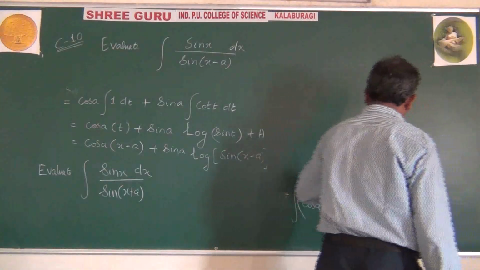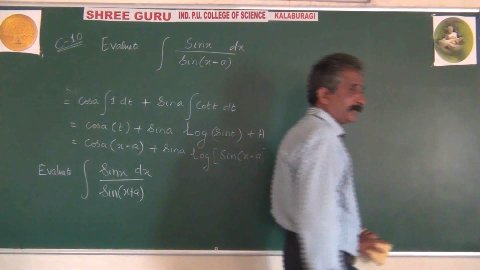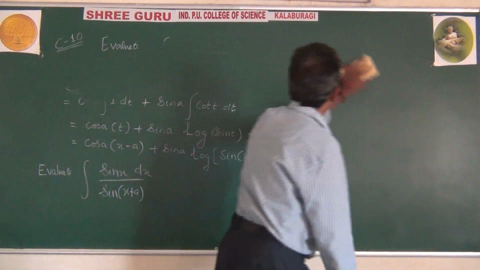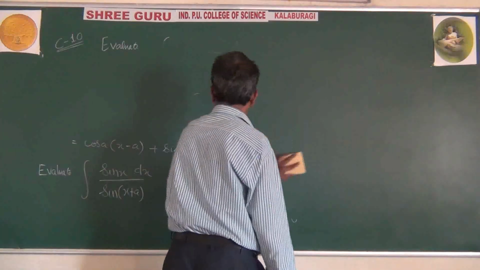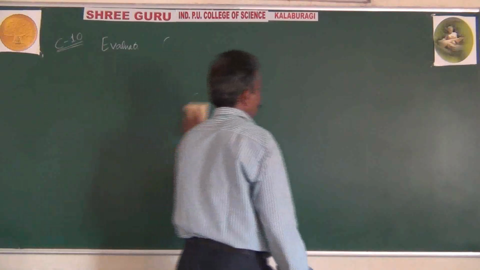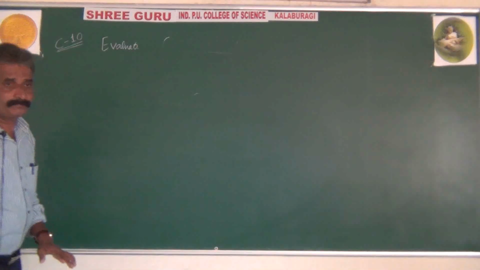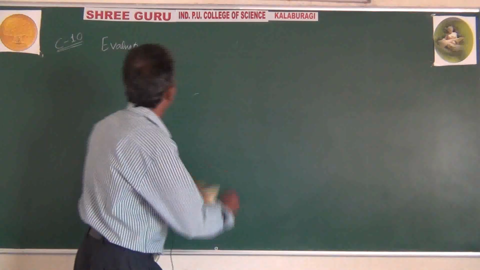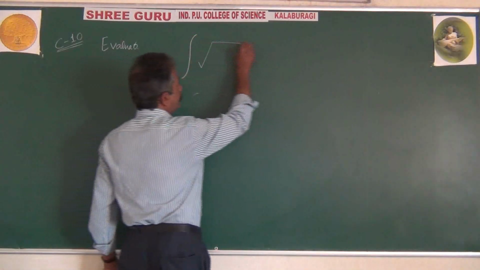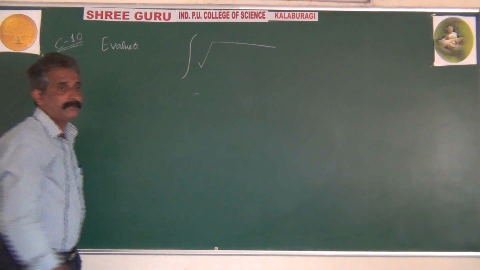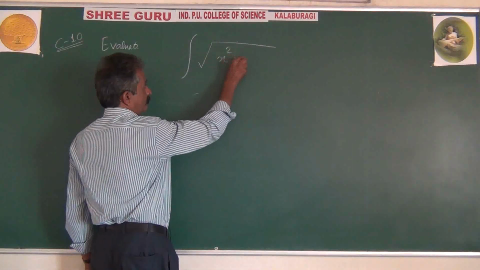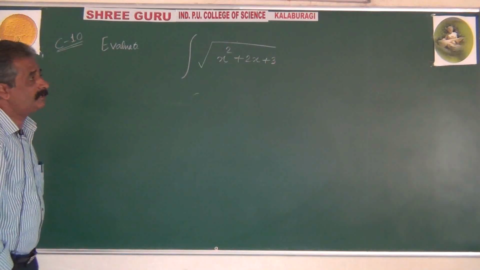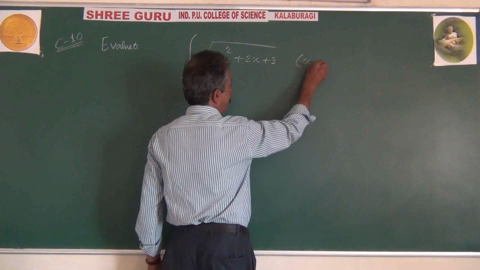Next question. Under the method of substitution, evaluate integration of square root of x square plus 2x plus 3 into x plus 1 dx.